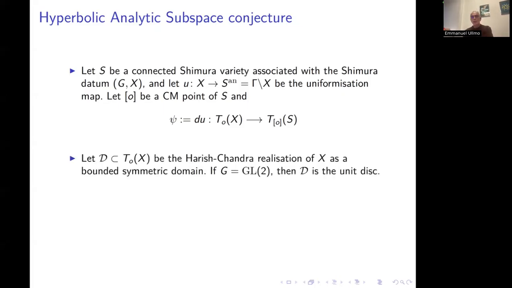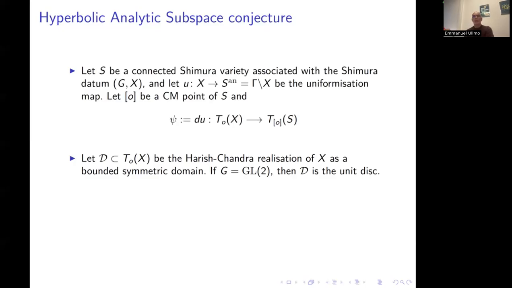If you want to have a good theory, this is a bit more technical, but you have to know that every Hermitian symmetric space has a realization inside the tangent space as a bounded symmetric domain.